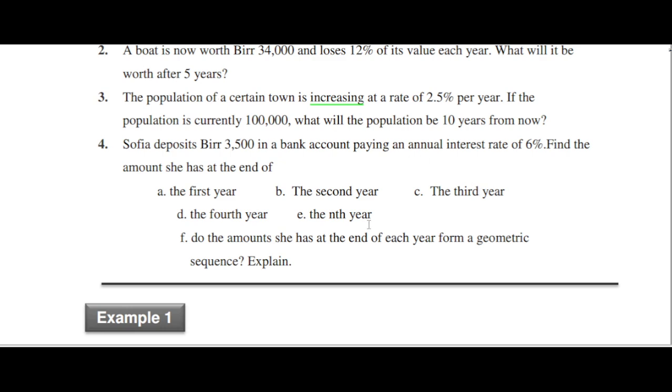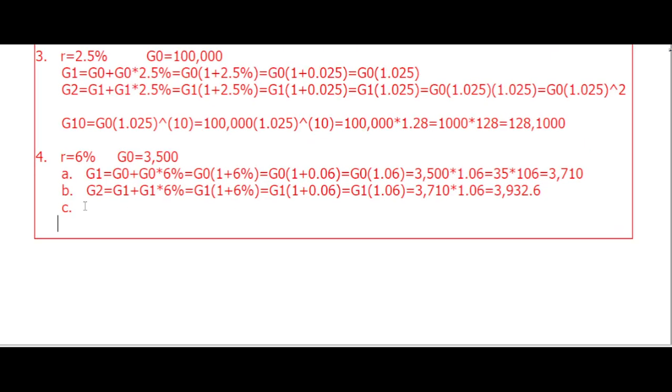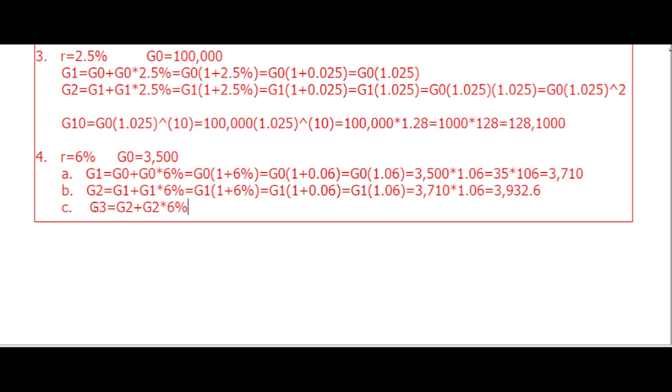Question C is the third year. Let's compute G3. G3 is equal to G2 plus G2 times 6%, which is equal to G2 into 1 plus 6%.